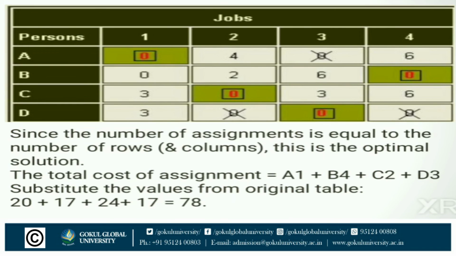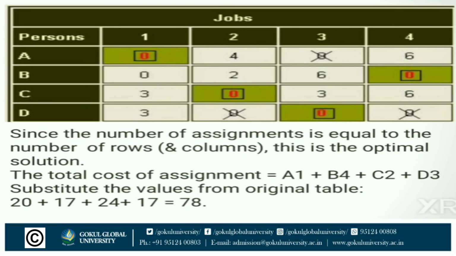So the next table is this. Here we can draw the vertical line. First of all, the first row has 2 zeros, the second row has 2 zeros, the third has a single 0 and the fourth has 3 zeros. We can assign this simply in this table.